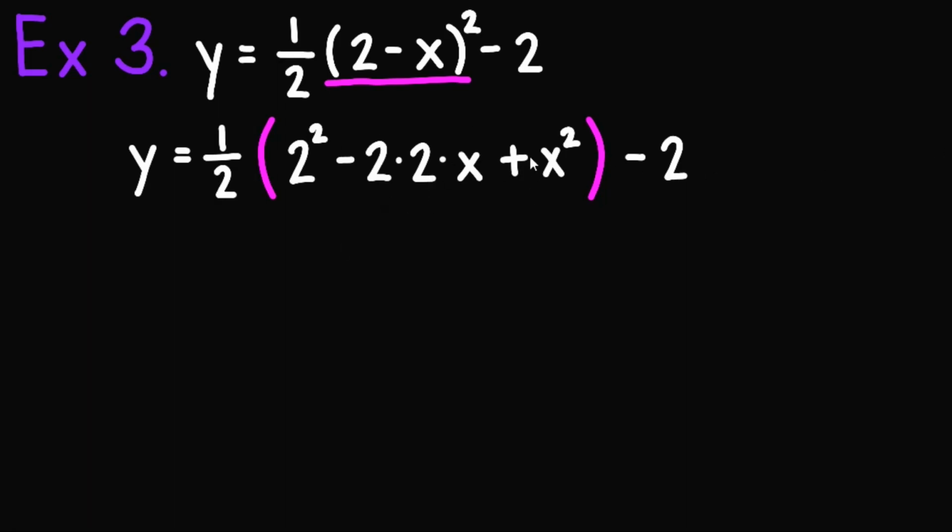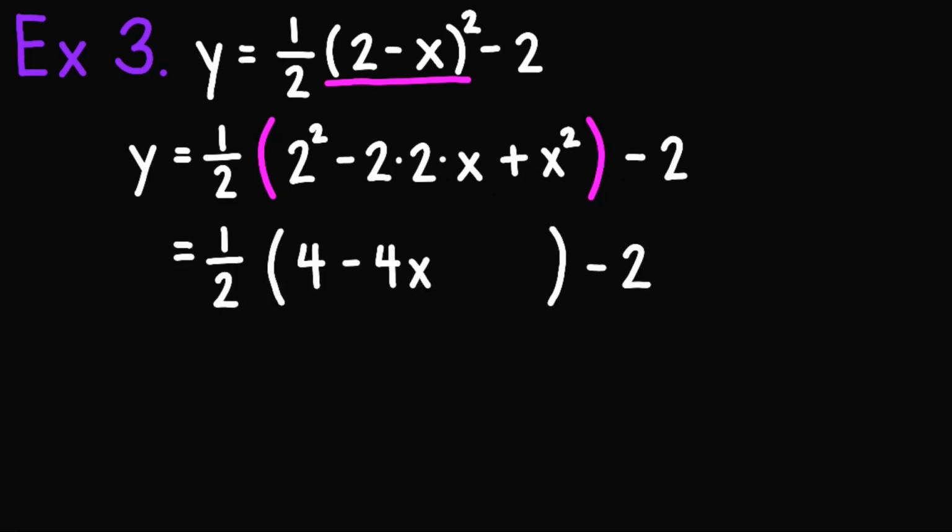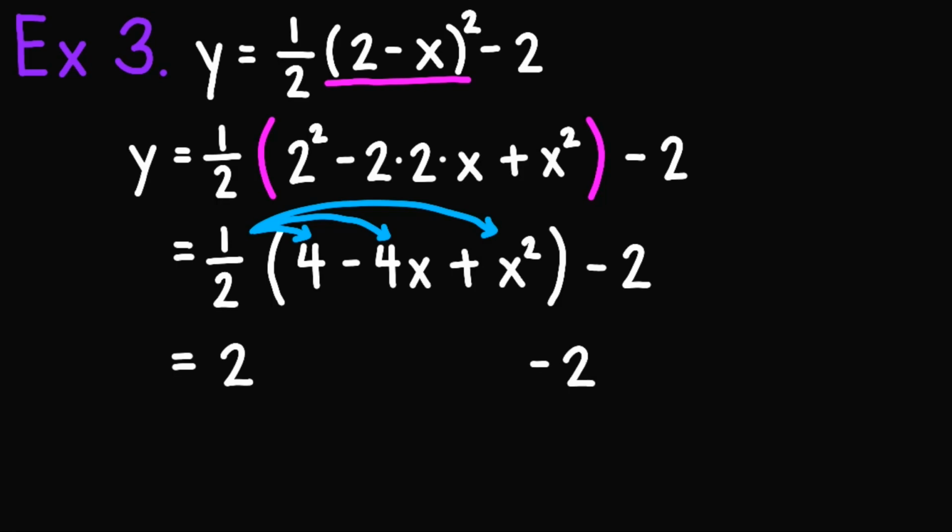Then simplifying this inside, we'll have 4 minus 4x plus x squared. Since we have a 1/2 out here, we distribute this to each of these terms. So we'll be left with 2, since 4 over 2 is 2, minus 2x plus 1/2 x squared. Observe that since we have positive 2 out here and negative 2 out here, these two cancel out, and so we'll be left with rearranging these terms.